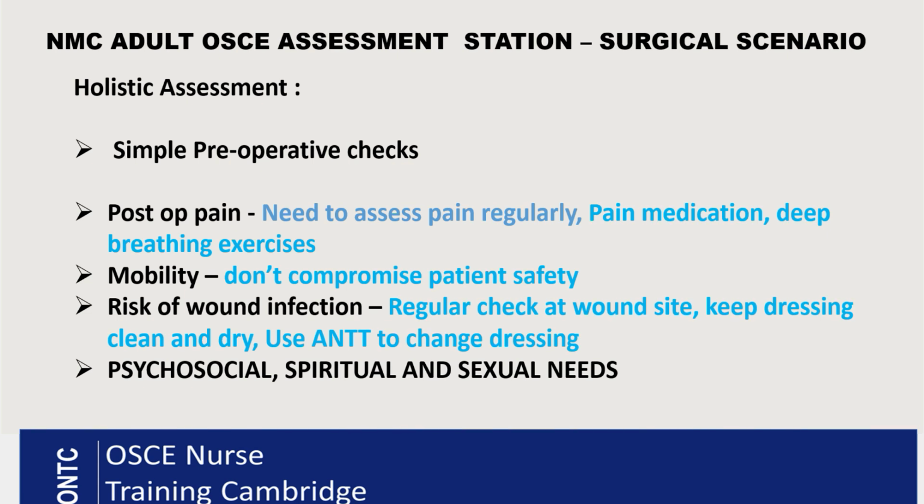Okay. So what's the next thing then? The next thing is, obviously, if we think about now pain. So pain will be the next thing, and anxiety as well. So your patient is quite anxious. So talk to them and ask them what is the reason for their anxiety. Okay, why are they anxious? Is it because of the anesthetic?